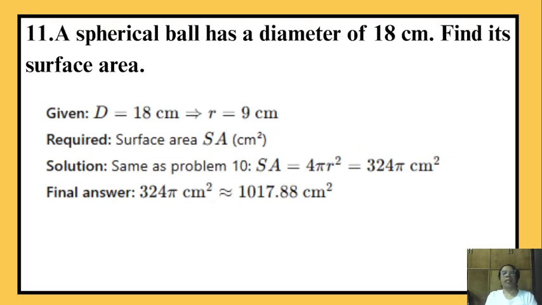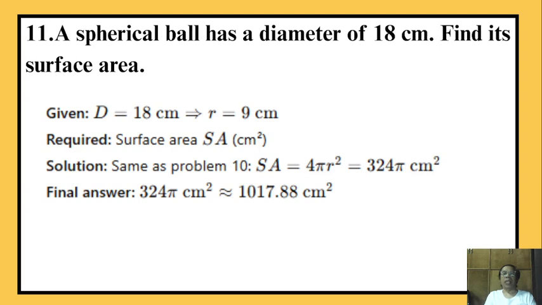Number 11. A spherical ball has a diameter of 18 centimeters. Find its surface area. So we're given the diameter of 18 centimeters, r therefore is 9 centimeters. SA is being asked.